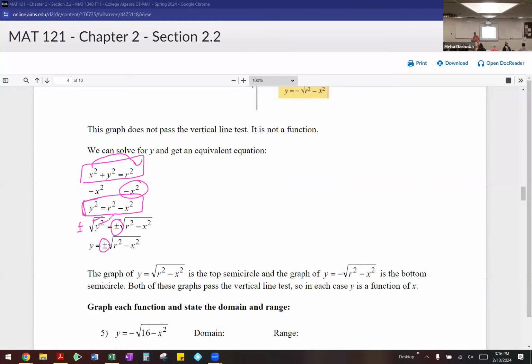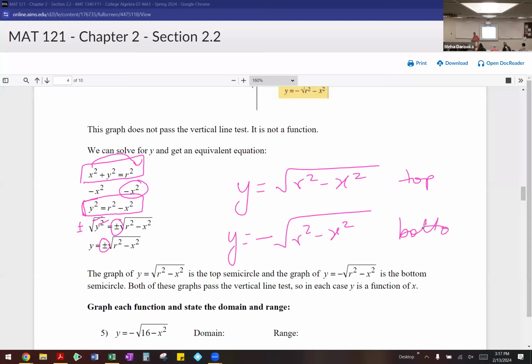So the square and the square root cancel each other out, giving you r squared minus x squared inside a square root. If it's positive, it's going to be the top semicircle. If it's negative, it's going to be the bottom semicircle. So again, all of the equations are coming from that basic equation of a circle centered at 0, 0.